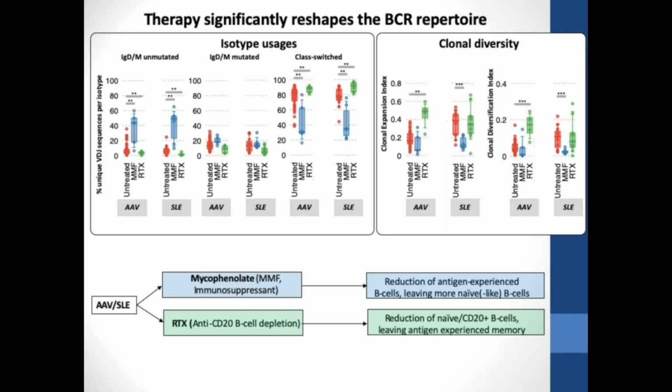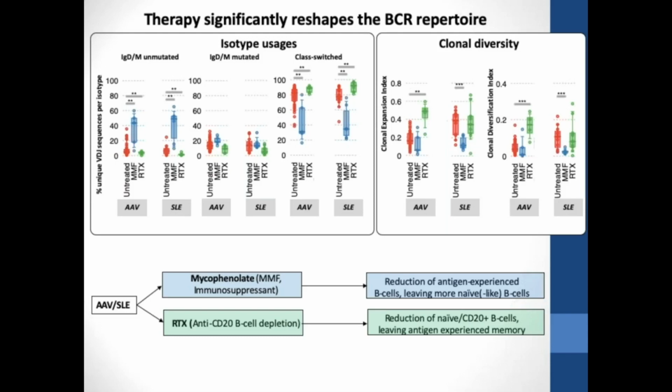MMF reduces the proportion of antigen-experienced B cells, leaving more naive-like B cells within the repertoire, which is consistent with the population changes. Interestingly, though, we do get a relative retention of IgD mutated B cells, which are likely to come from the memory population, compared to class switch, suggesting an implication on the relative efficiency of MMF on different B-cell subsets.